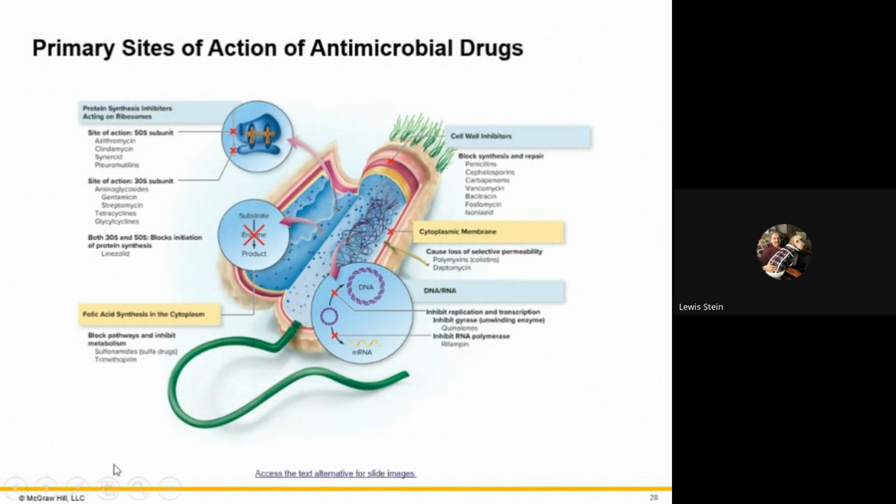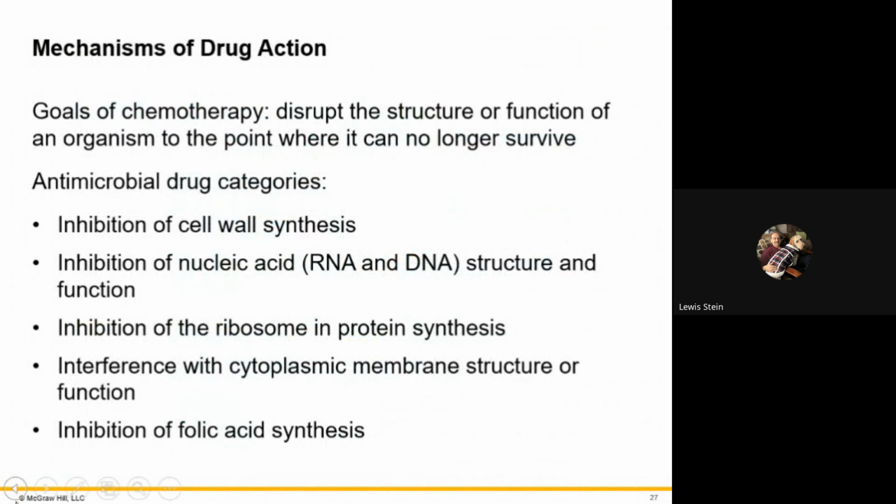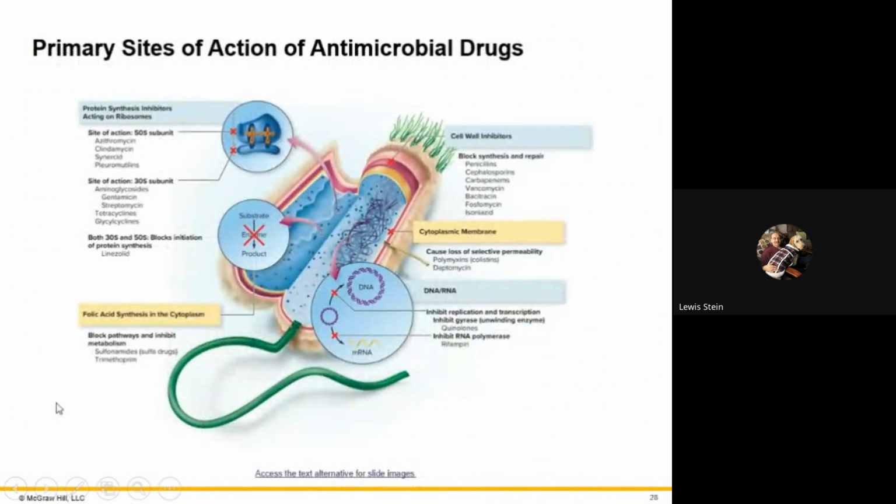So I'm trying to mesh the two of them together. You might remember this slide, trying to find the quote unquote perfect antibiotic, or the perfect agent to use for bacterial infections. This is all vis-a-vis bacteria, though some of these work on both. We'll go over that in a bit.